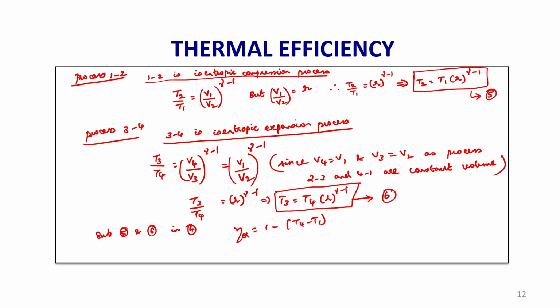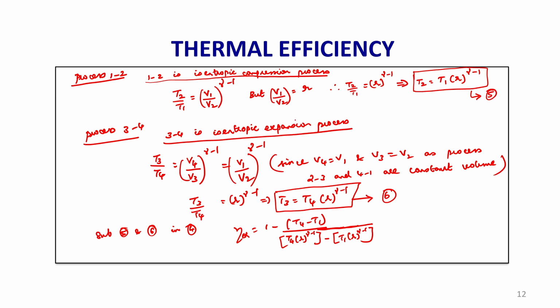T4 minus T1 divided by, instead of T3 I will substitute equation number 6, T4 into r power gamma minus 1, minus T2. T2 is T1 into r power gamma minus 1.